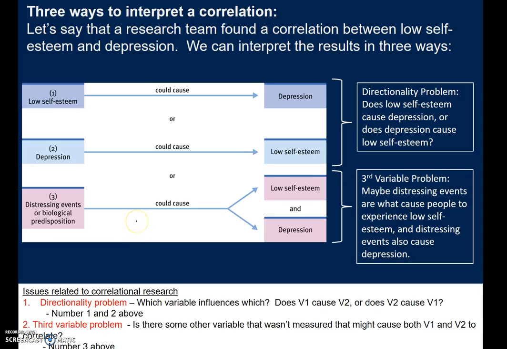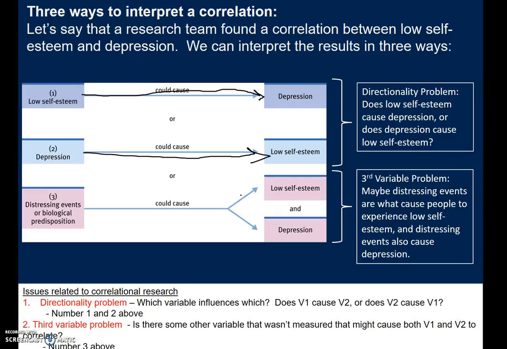So on these two slides, I have two more examples of the three ways to think about correlations. This one finds, for example, a research team found a correlation between low self-esteem and depression. We can interpret the results in three ways. Two of those ways come from the directionality issue. We could say, well, it could be that low self-esteem is causing the depression, or it could be that the depression is causing low self-esteem.